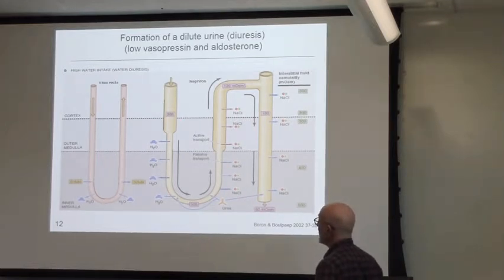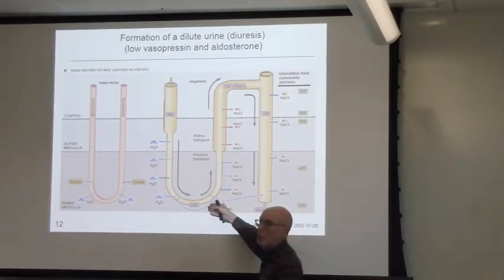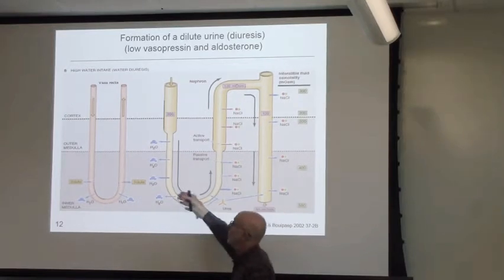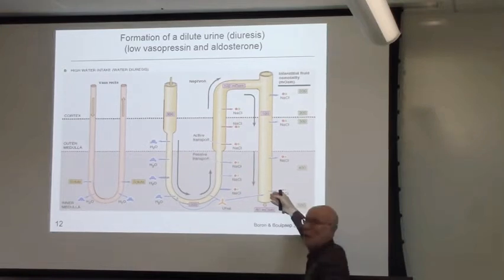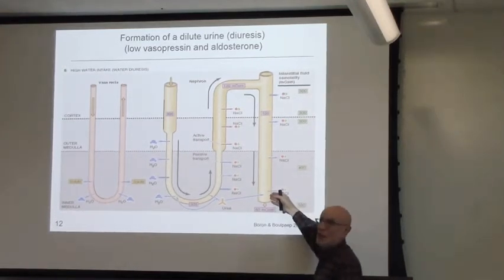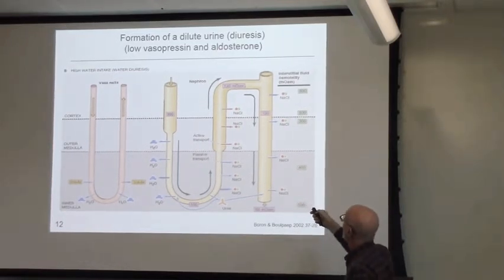Water permeability in the descending limb, sodium pumping in the ascending limb. You know about that. Creating a hypertonic, but not very hypertonic, interstitium, peritubular space. The vasa recta preserves it. The collecting tubule ignores it and produces a dilute urine.